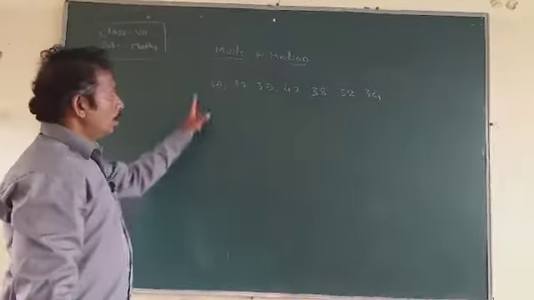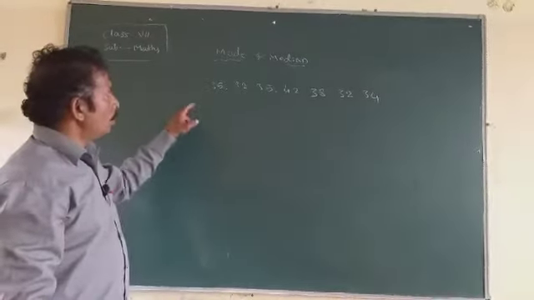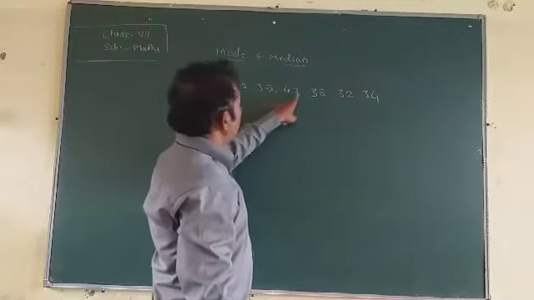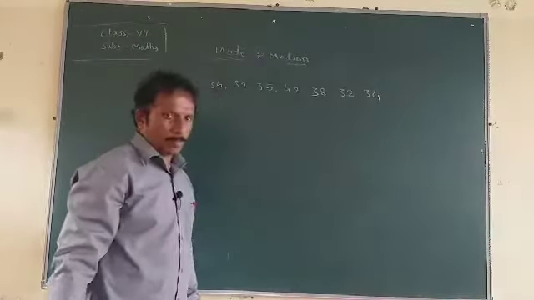These are the given list of numbers. In this given list, we are given 1, 2, 3, 4, 5, 6, 7, 8 numbers.